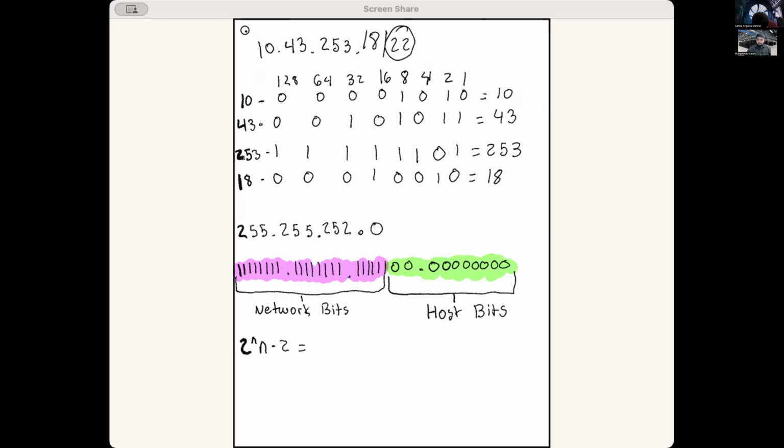In this case it's 2 to the power of my host bits, which is 10, minus 2. The 1024 includes the network and broadcast addresses, so the usable hosts are 1022.